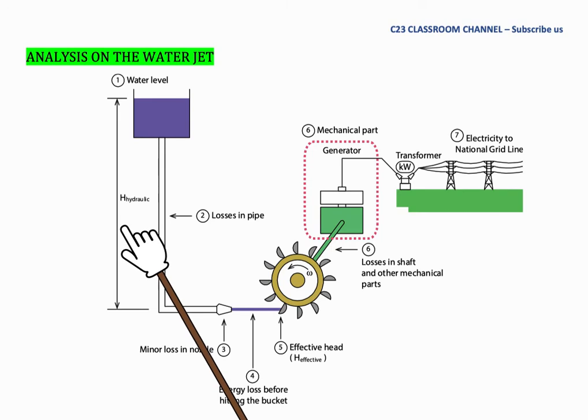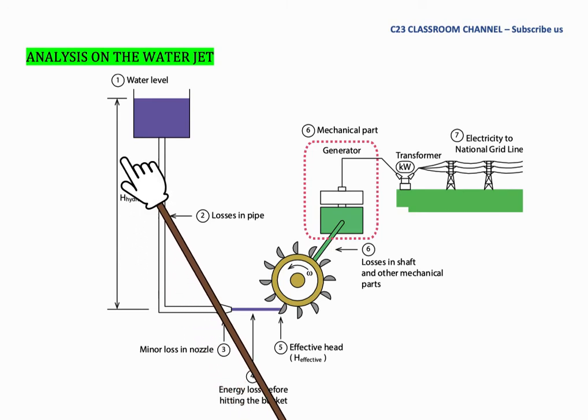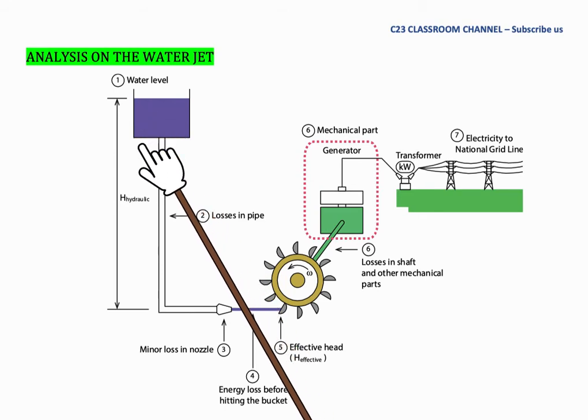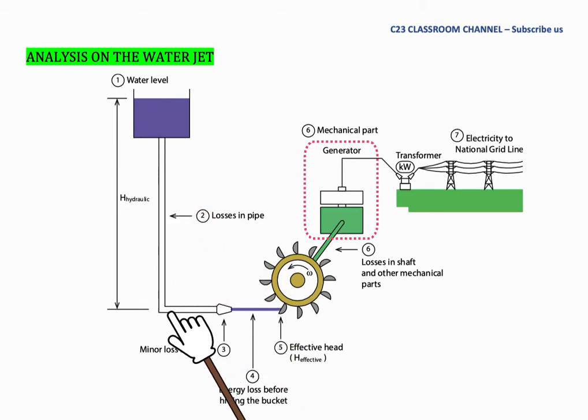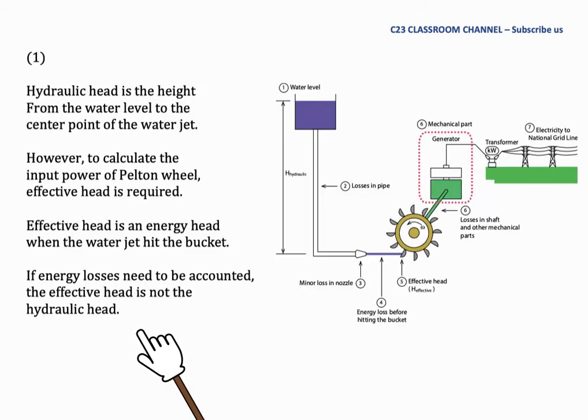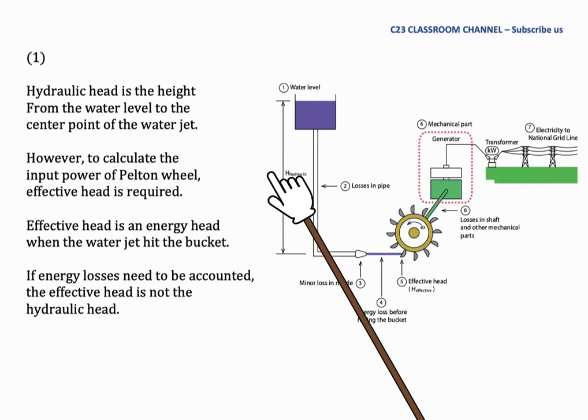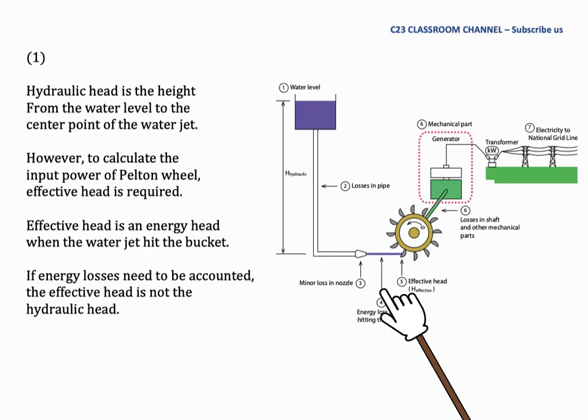Normally people take the hydraulic head as the level from the water level at the dam to the center point of the nozzle of the pipe system. However, to calculate the input power of the Pelton wheel, the effective head is required.